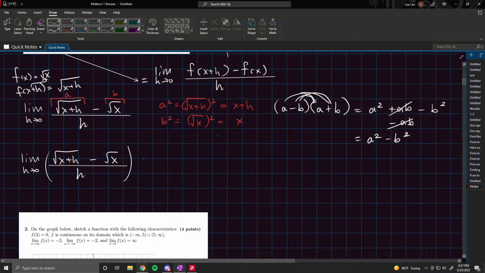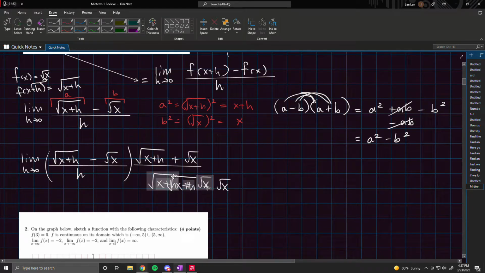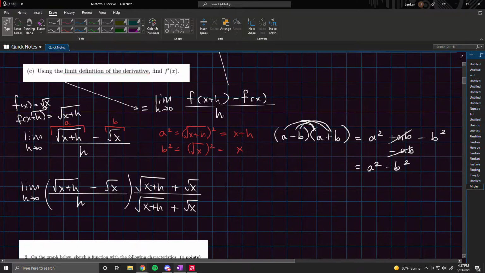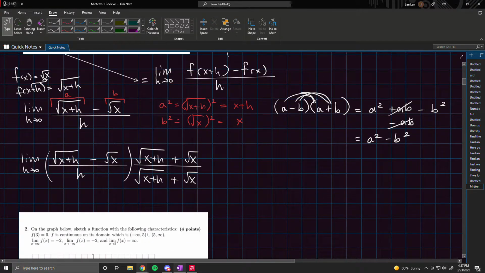Multiply by the conjugate. So what is the conjugate here? It'll be root x plus h plus root x. The thing about multiplying by the conjugate is that you have to also multiply the denominator by the conjugate, because this is technically 1.